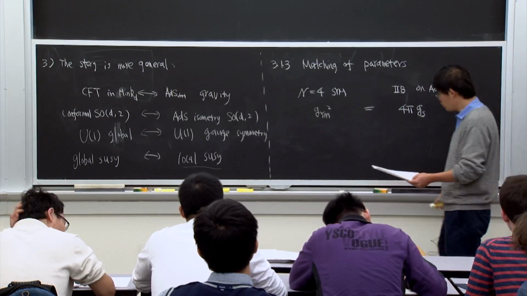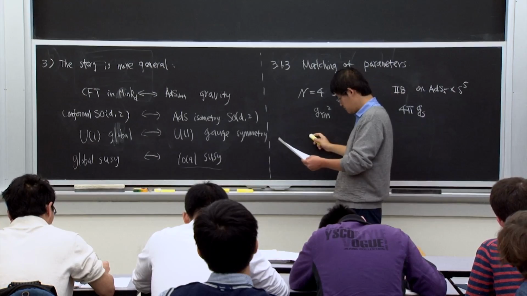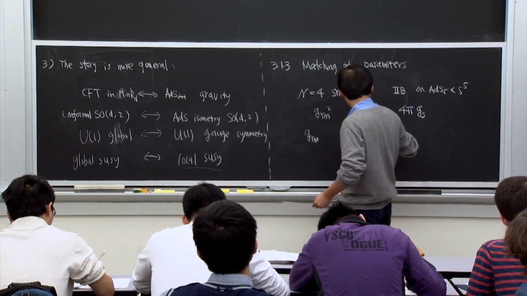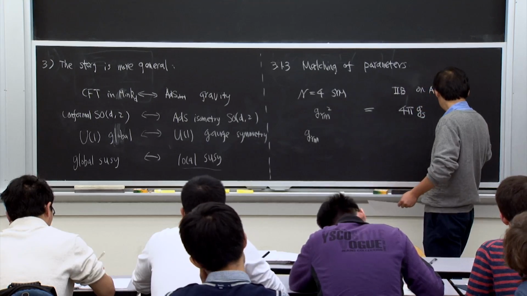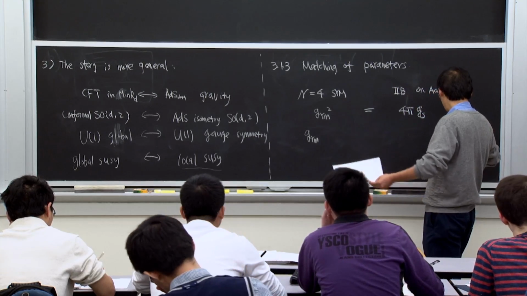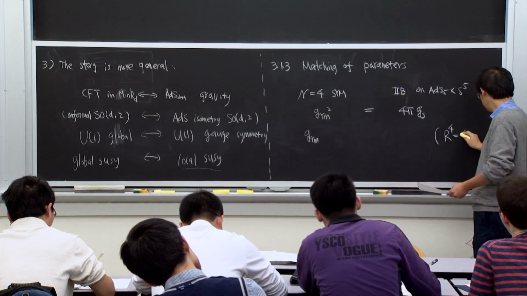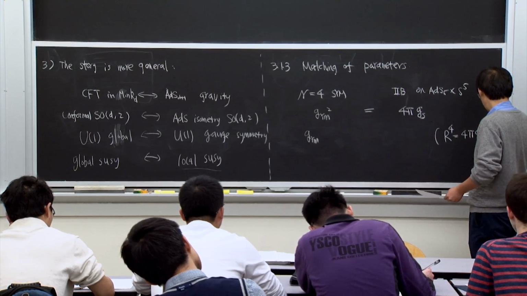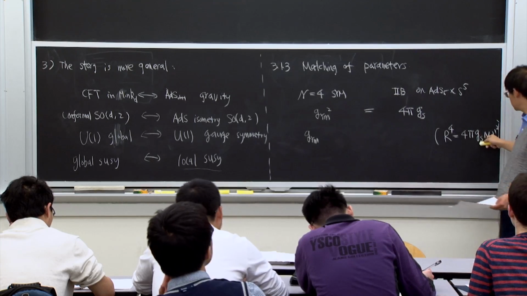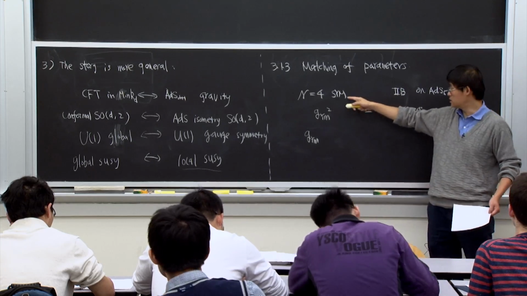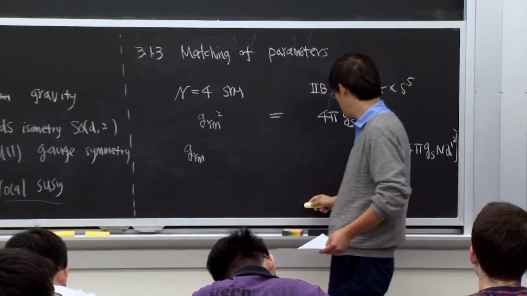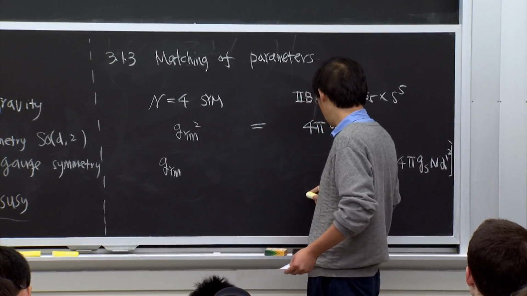And also from the D3-brane solution, we find the curvature radius R has the following form: R to the fourth is 4 pi g_s N alpha prime squared. So the N is the same N on this side. Okay. So the N is the gauge group N.